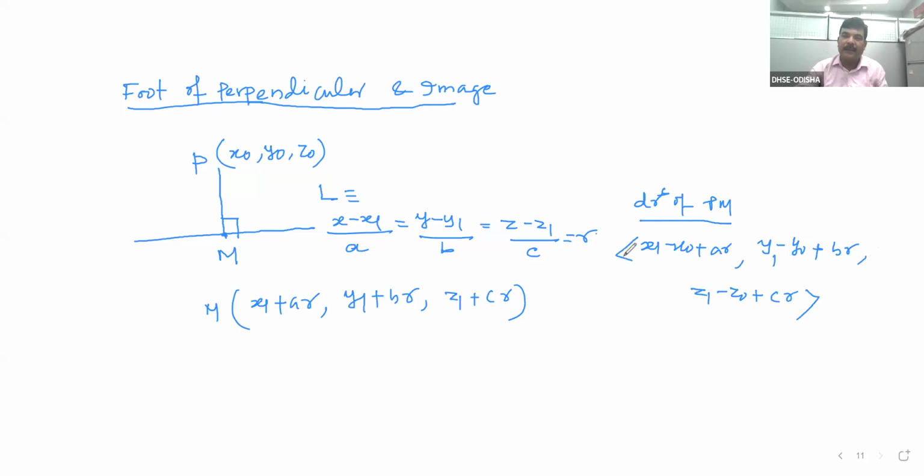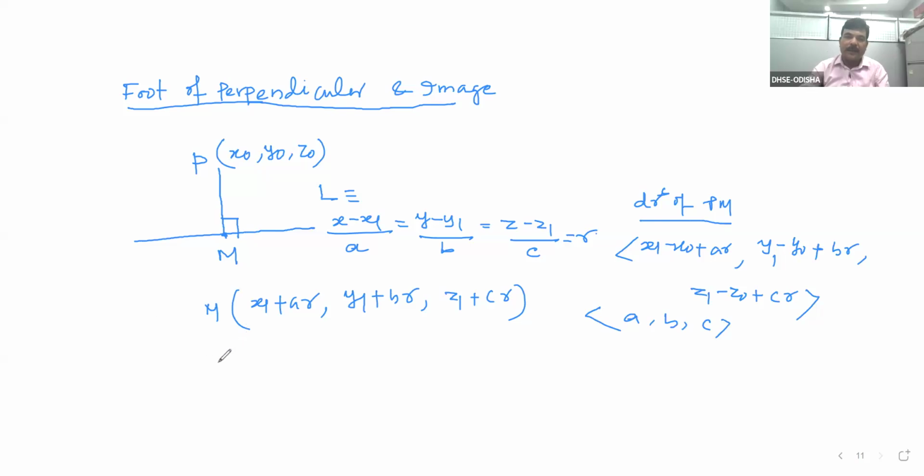And the DRs of the line L are a, b, c. If two lines are perpendicular, then the sum of the product of their DRs is equal to 0, that is a1 a2 plus b1 b2 plus c1 c2 is equal to 0.